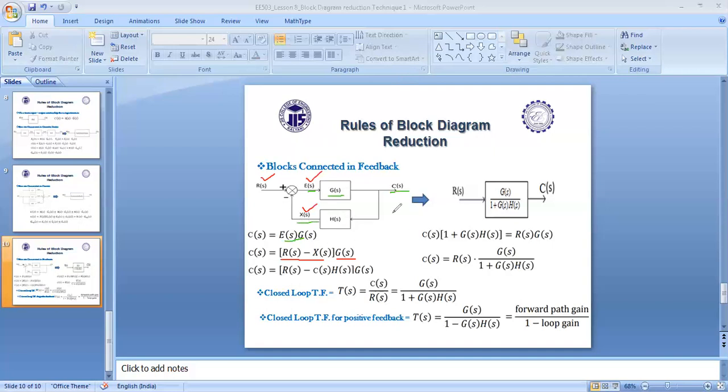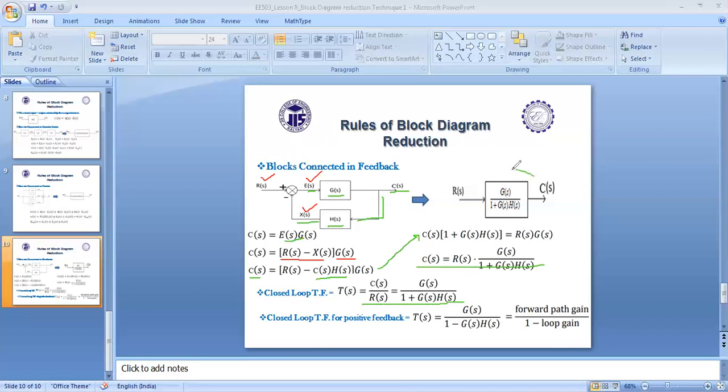Xs equals Cs multiplied by Hs. So Xs is substituted by Cs into Hs. So finally we will get Cs equals Rs minus CsHs into Gs. By simplifying this, you will get Cs into 1 plus GsHs equals RsGs. And finally you will get this one. Now transfer function means Cs by Rs. So the overall transfer function Cs by Rs is Gs by 1 plus GsHs.